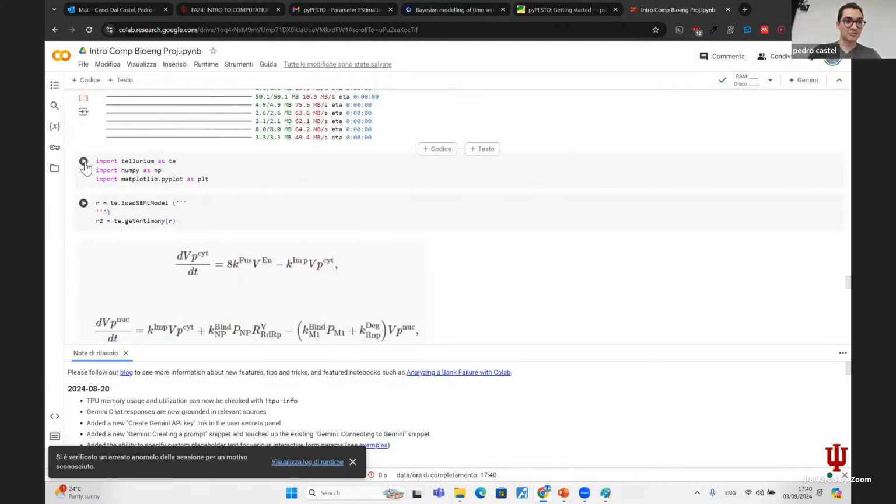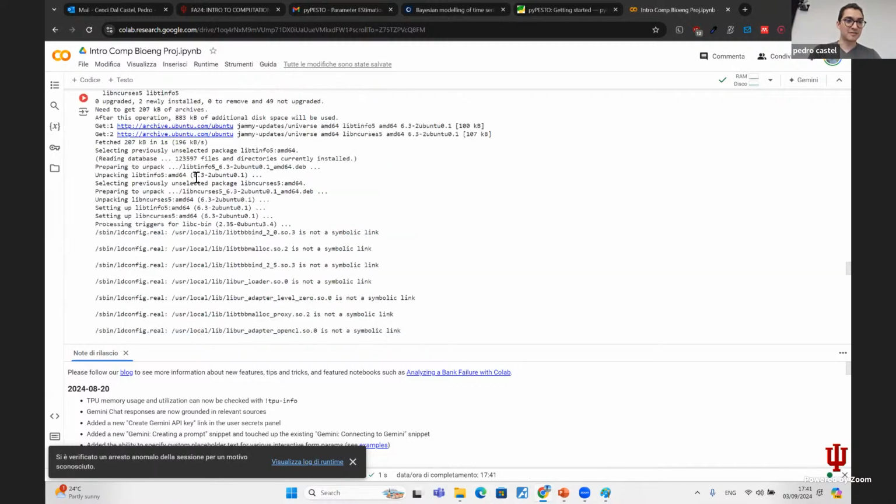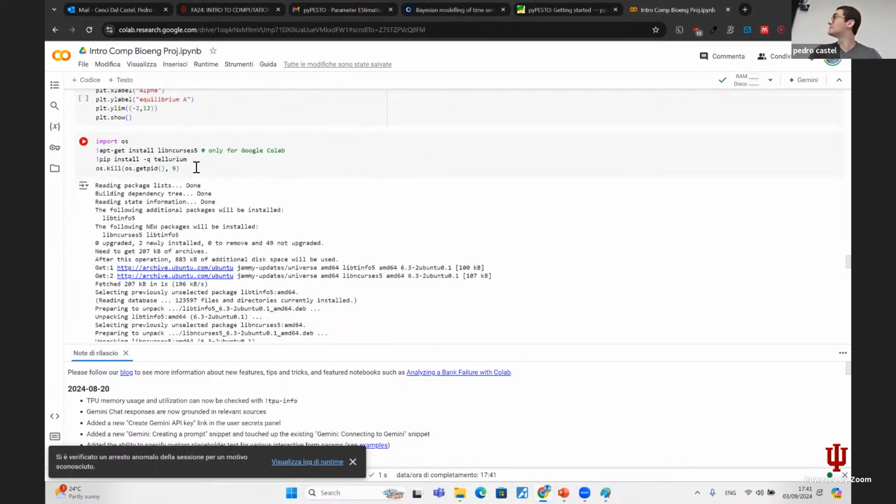So this downloaded, hopefully, so I can import it. By the way, this is in Colab. Have you seen this? No? Okay, so here what I'm doing, and you will probably have to do that today, I am installing Tellurium in Colab.